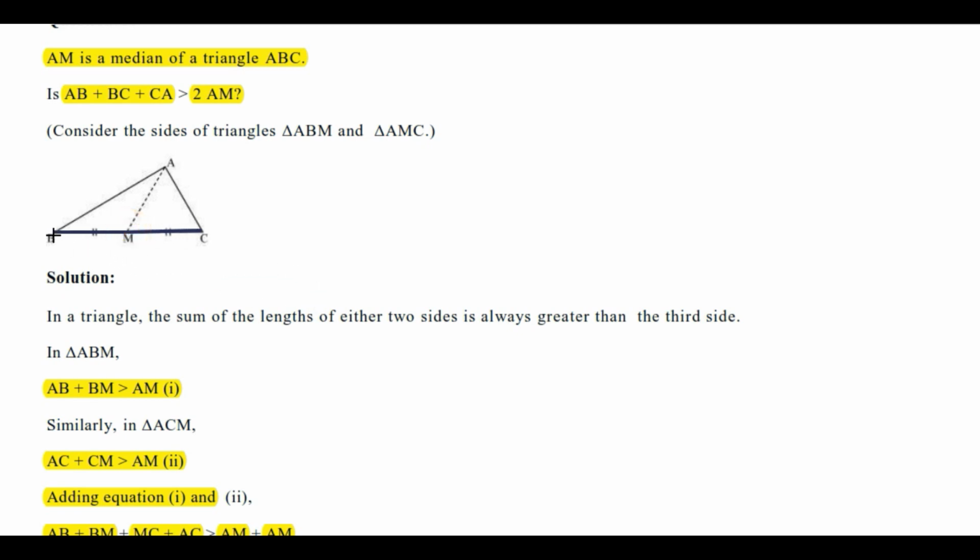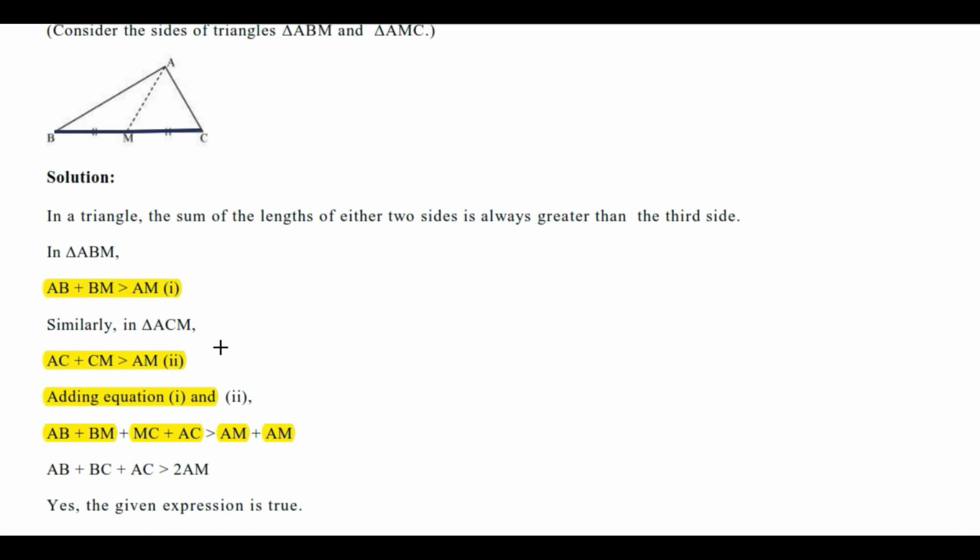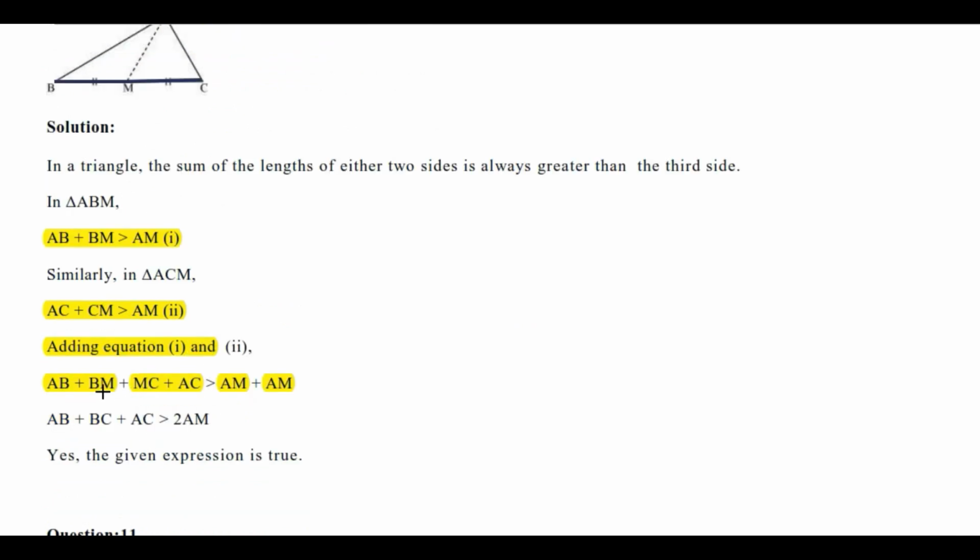Together, what do they form? Together they form BC. So the sum of BM and CM is BC. That's why in place of BM and CM we have written BC. Understand? And AM plus AM is 2AM. So this given expression is true.